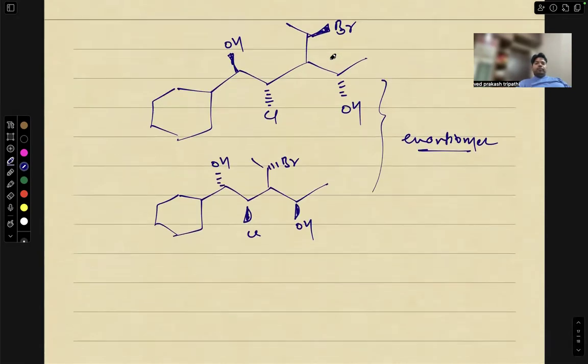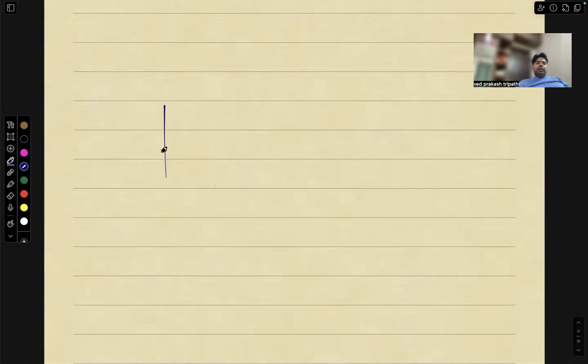For example, generally in DAT, this kind of compound is very common. Look at this.